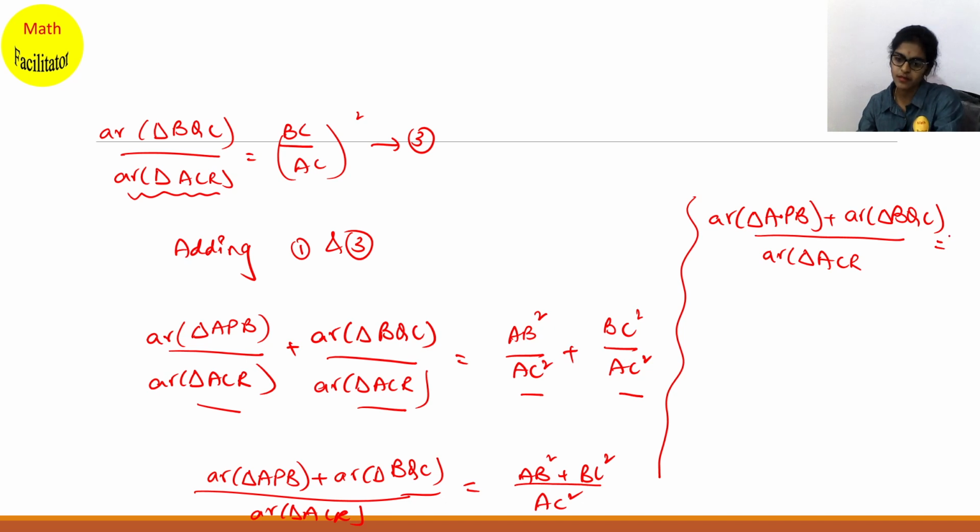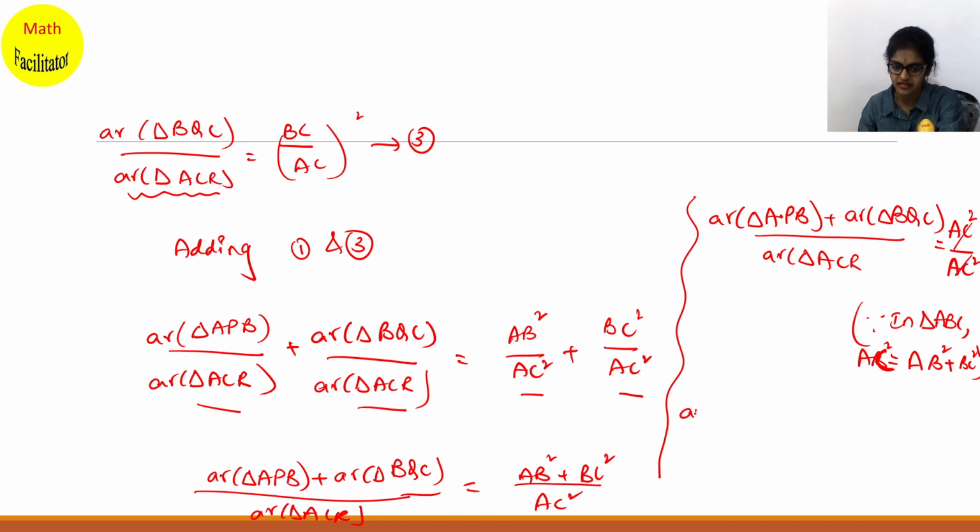AB square plus BC square is nothing but AC square divided by AC square. Since in triangle ABC, the hypotenuse is AC, isn't it? AC square is equal to AB square plus BC square. Okay, so these two get cancelled.